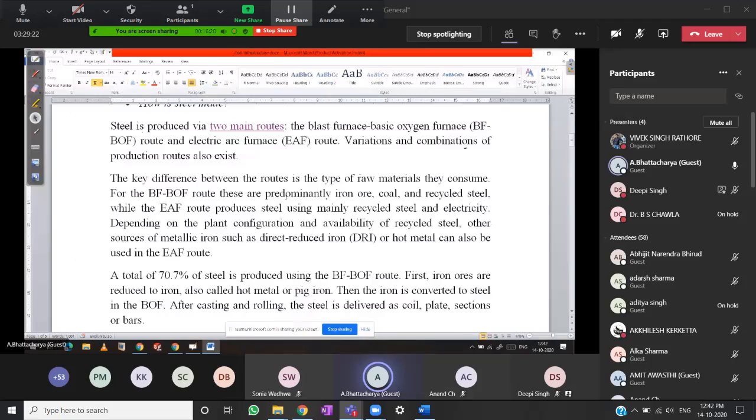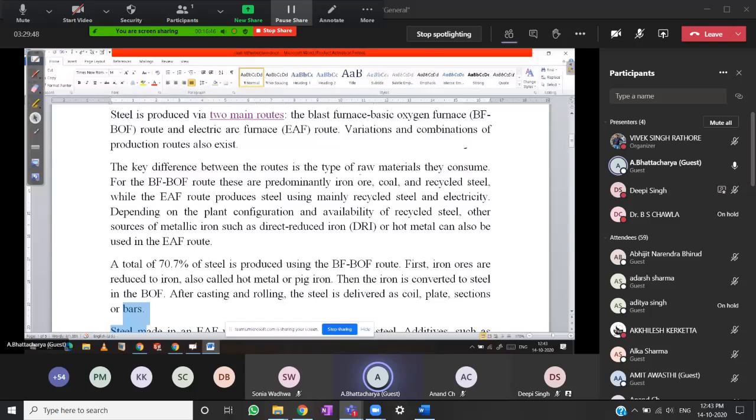Now, the key difference between these two routes is the type of raw material. For the BOF route, these are predominantly iron ore, coal, while the EAF route, that is electric arc furnace, produces steel using mainly recycled steel and electricity.